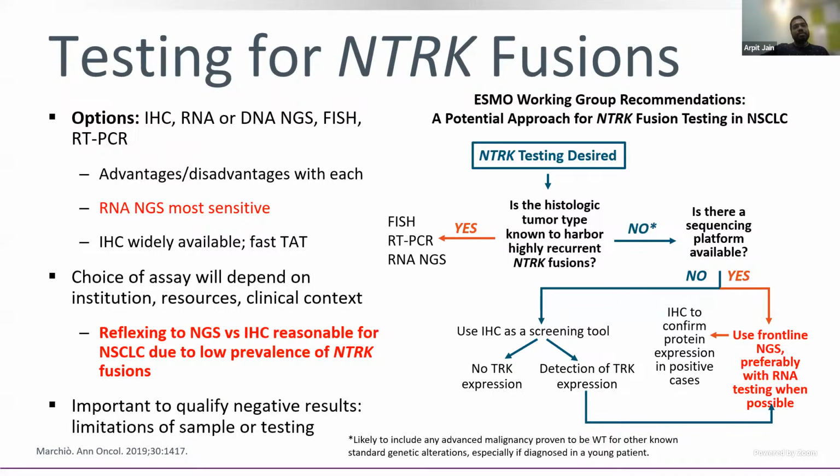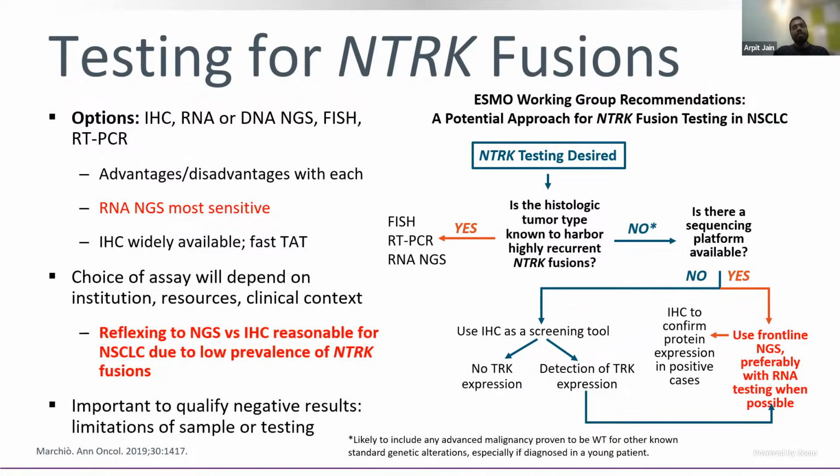Then comes the testing for NTRK fusion. ESMO has recommended this algorithm for testing NTRK in all solid malignancies. There are certain histological tissues which are known to harbor a high incidence of NTRK fusion. In those particular histological tumors, we can directly use FISH, RT-PCR, or NGS based testing.